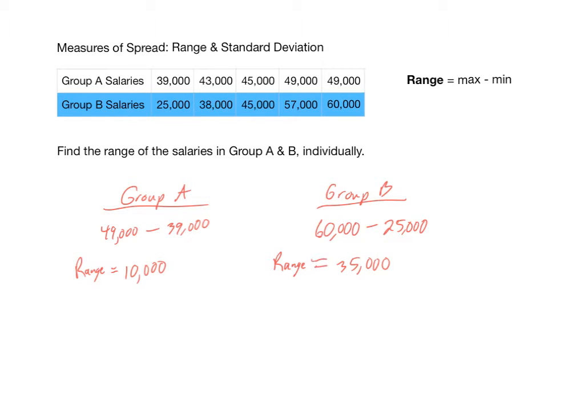So the difference between the highest paid and the lowest paid in Group B is $35,000. $35,000 is a much larger range than a range of $10,000 in Group A. So this means Group B's data is spread out more than Group A's is. However, this computation alone is not as mathematically powerful as what we call the standard deviation. Let us now take a look at that.